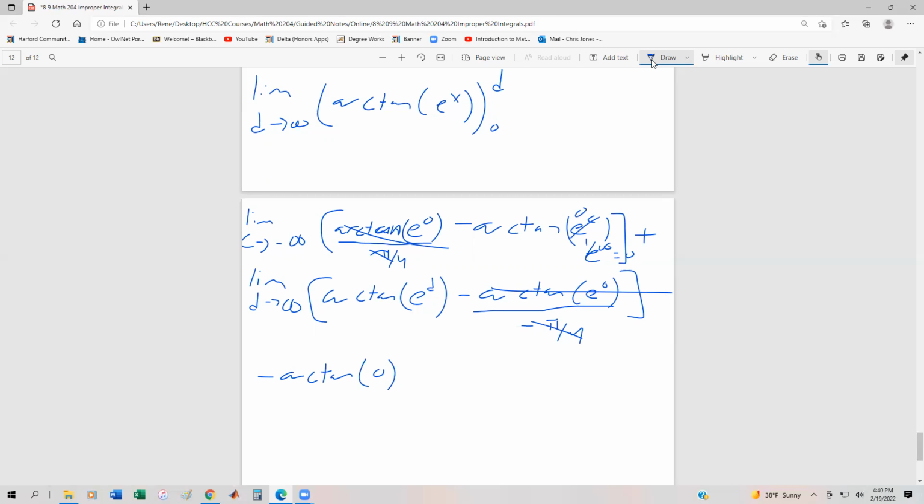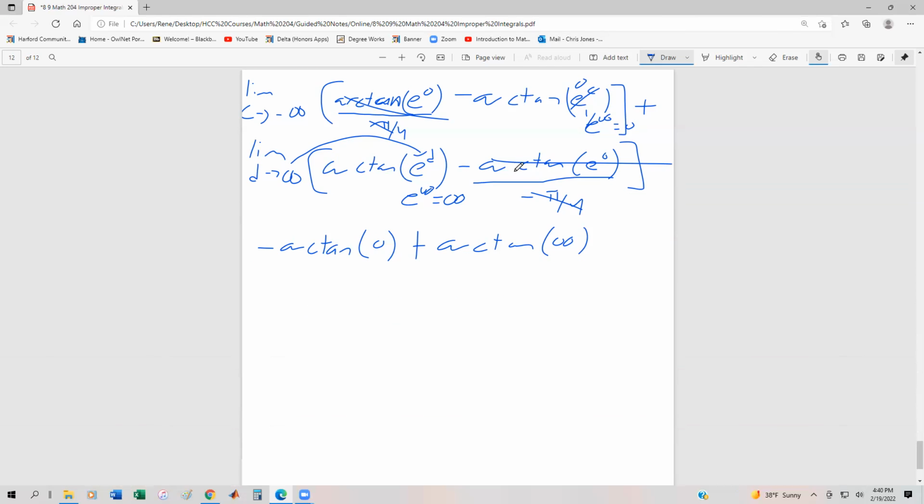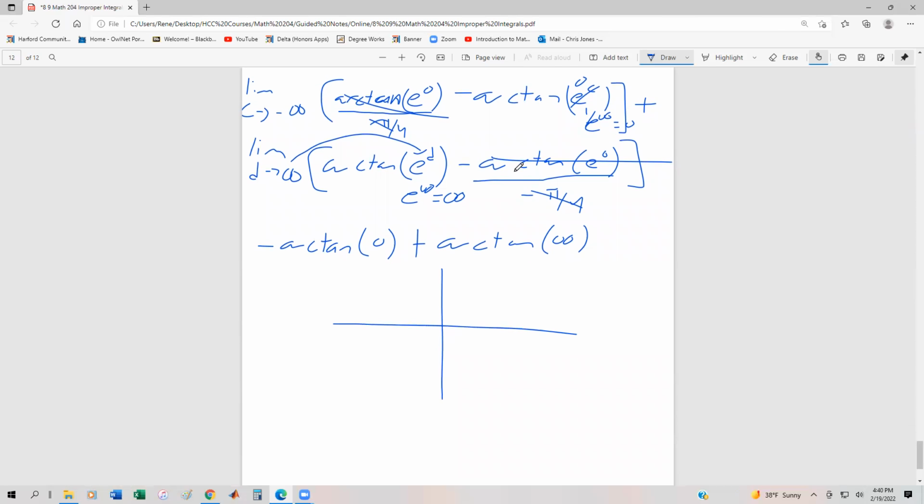But then when we substitute regular infinity back in, that becomes e to the infinity, which is infinity. So we get minus arctan of 0 plus arctan of infinity. Looking at the graph is going to be helpful. I think we did this a few problems ago when we looked at the graphs of the arctan function. But just to remind you guys, this is what our arctan function looks like.